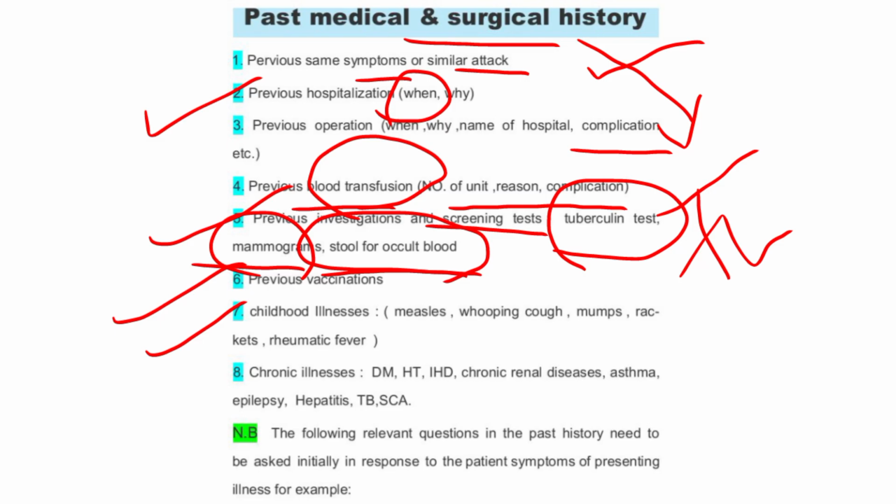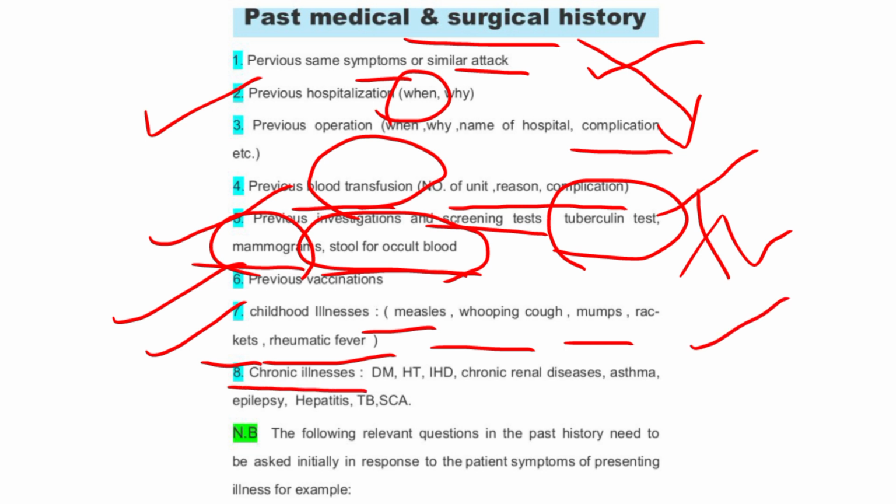Childhood illness: if the patient had any kind of measles in childhood, whooping cough, mumps, rickets, which is a bone disease, and rheumatic fever, infectious disease, if the patient has faced these in childhood, we can ask.